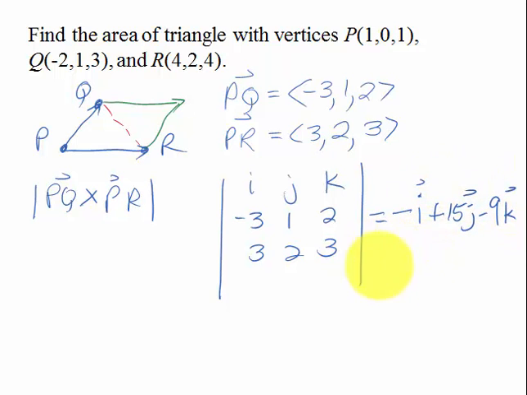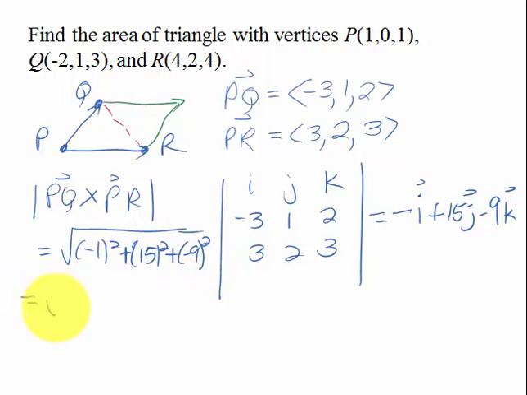So this is the vector when we do the cross product, and now we need the magnitude of that vector. That's going to be the square root of -1 squared plus 15 squared plus -9 squared.